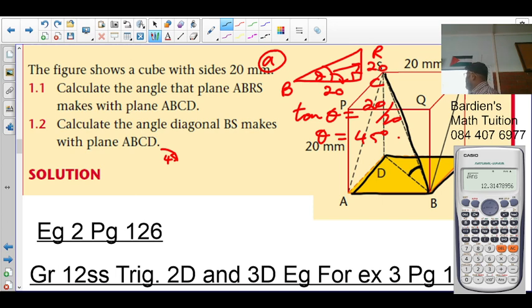Because the whole angle. Yeah, this is your ground here. What don't you get?